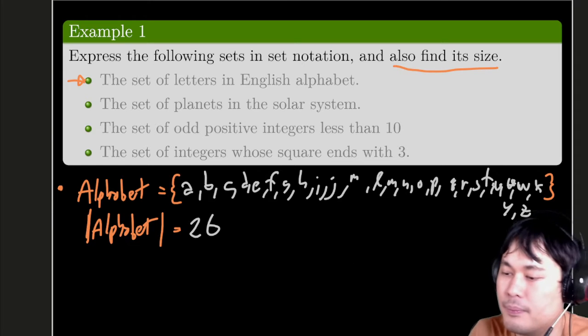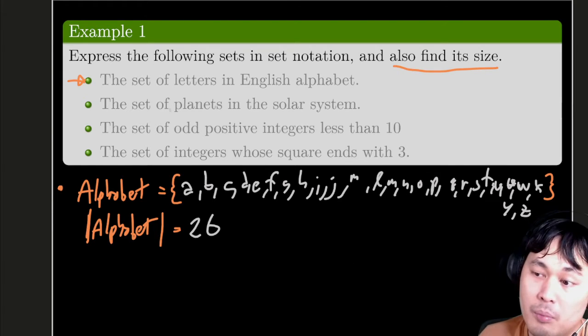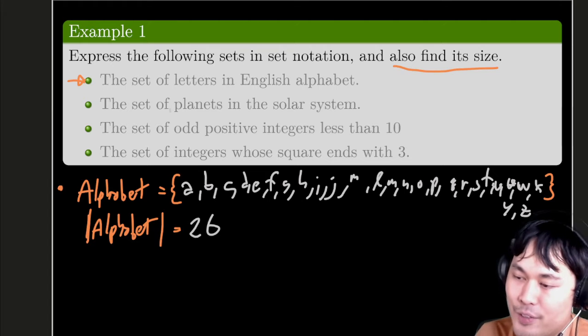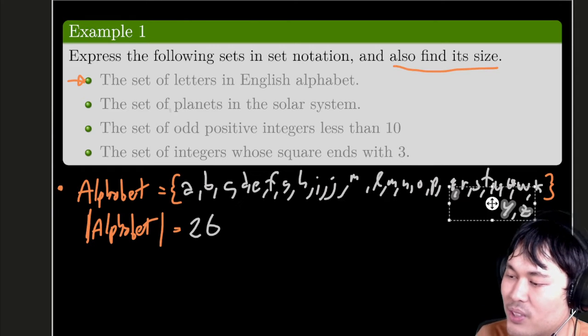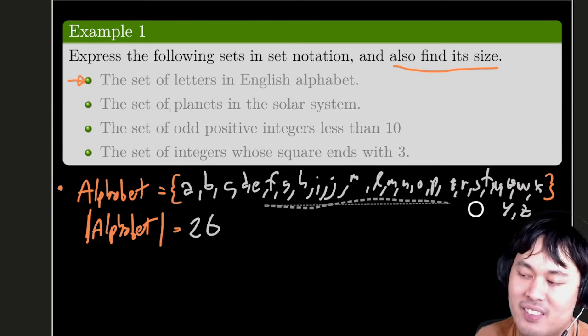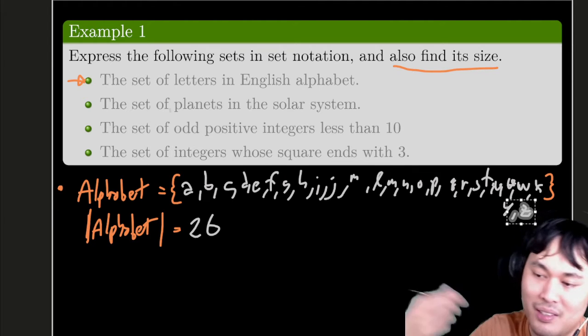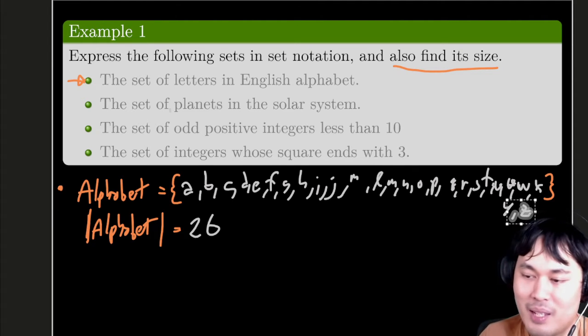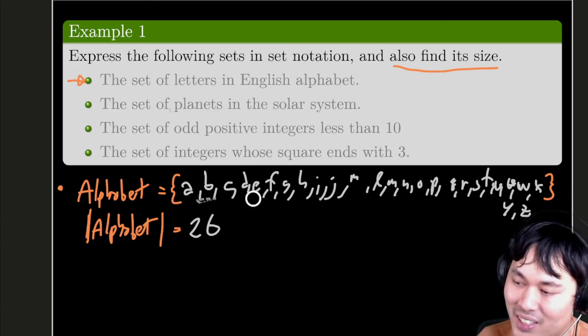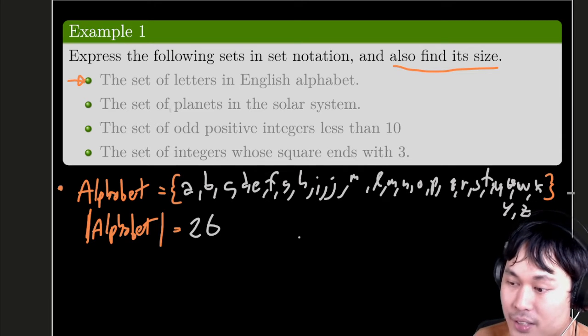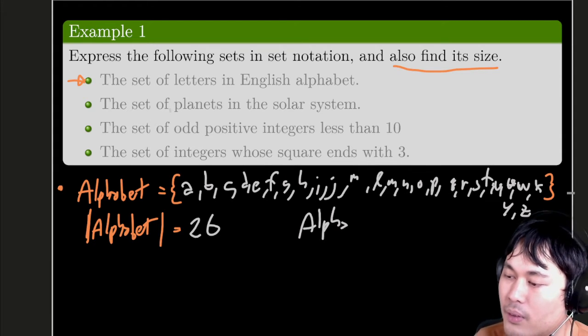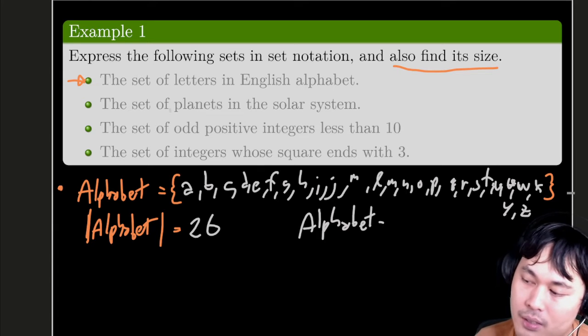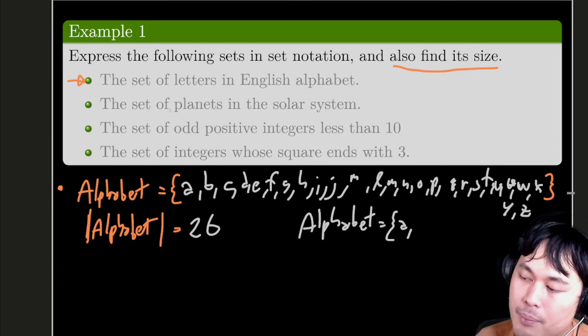Before we move on, there are 2 comments here. First, it looks like a waste of space to write them all. Sometimes, if it is obvious what the pattern is, you can abbreviate it.